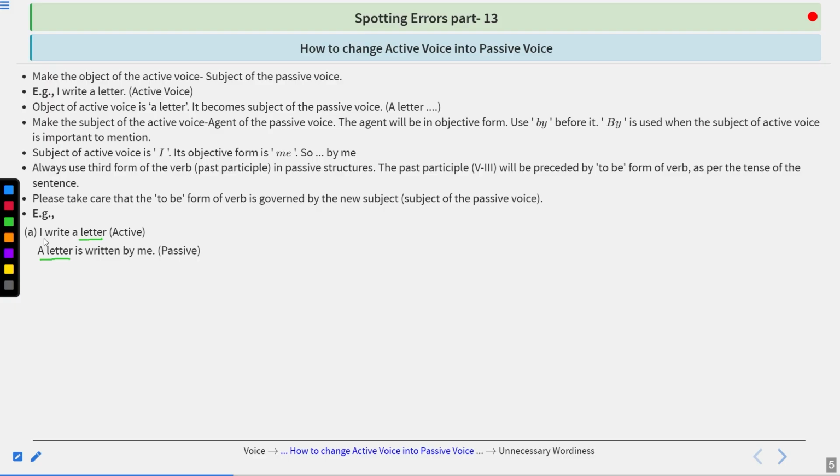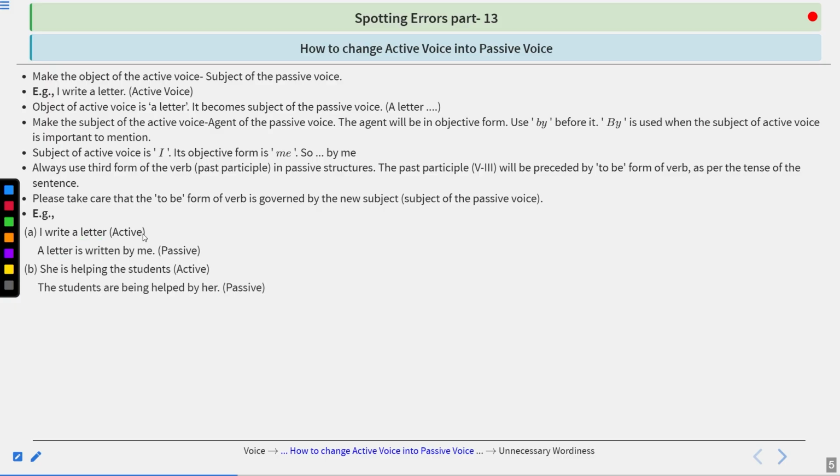Me came from I. I was the subject in active voice and me is the object of the preposition by. And we have changed the verb as well by putting in be, which means is, and the third form, written. I hope you have understood.